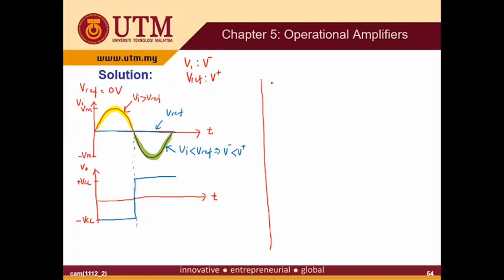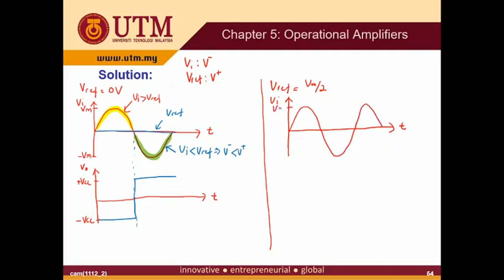Okay, so the second case is when the V reference is equal to Vm over 2, half of the amplitude. So again, we draw the input voltage waveform here. This is your time. Say now I want to make it 1.5 cycles.